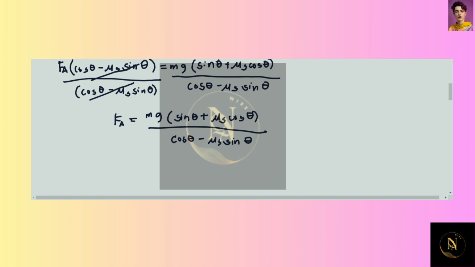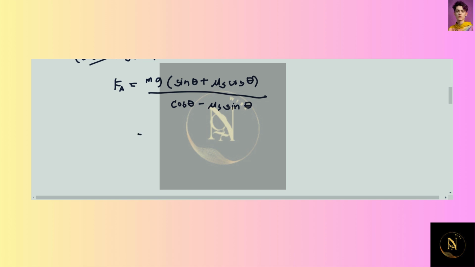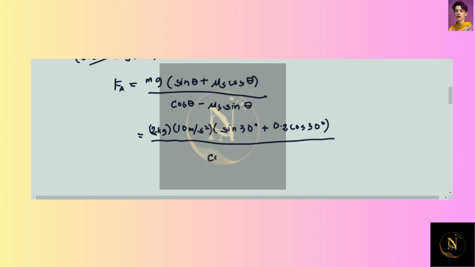Inserting the given values, we have 2 kilograms multiplied by 10 meters per second squared, multiplied by the quantity sine 30 degrees plus 0.2 cosine 30 degrees, over cosine 30 degrees minus 0.2 sine 30 degrees.